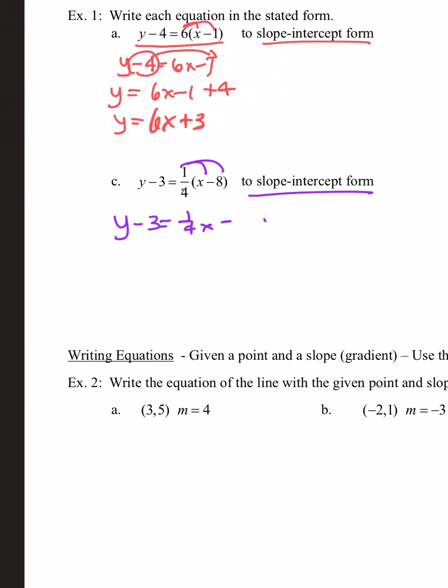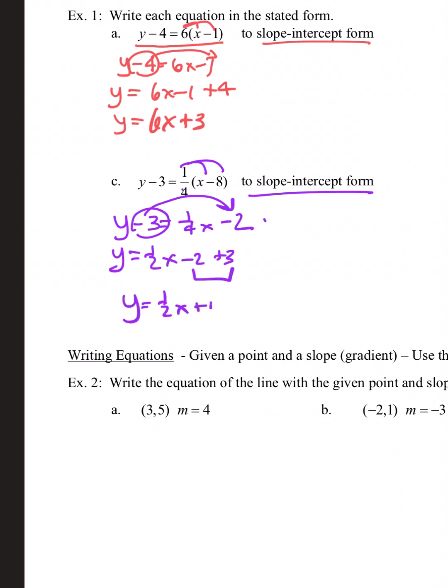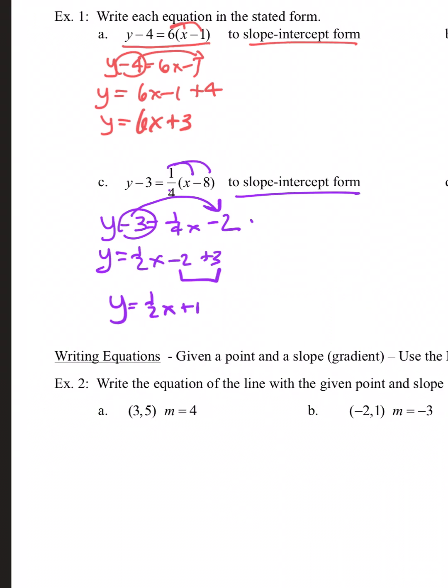Distributing the 1/4 to the a, I get -2. And then I need to move this to this side, which becomes a positive when I move it over there. And when I combine these two like terms, I get half x plus 1.